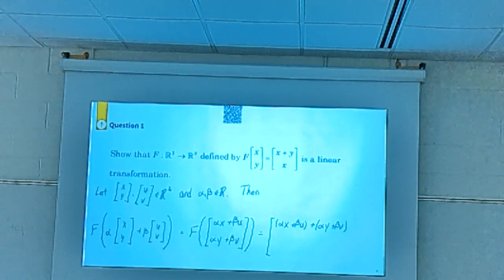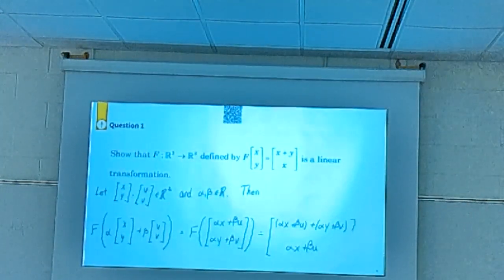New second component is just the old first. So that is our transformation.